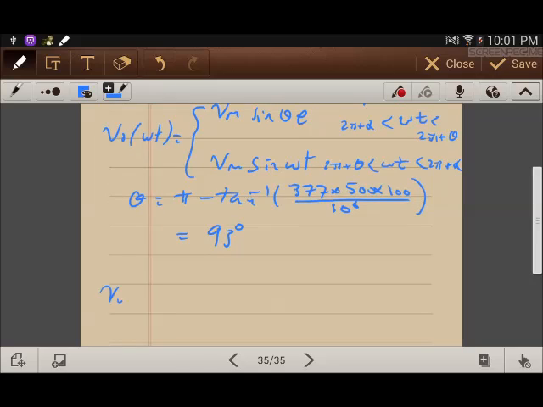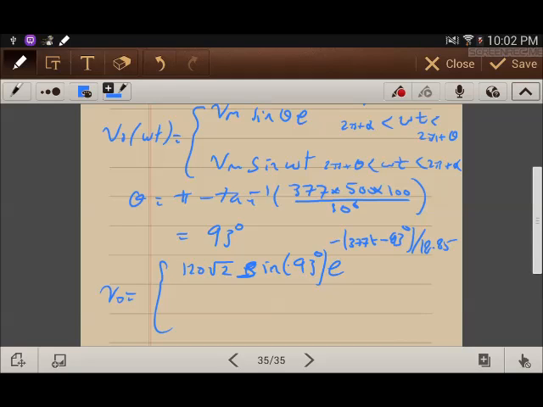So the output voltage will give me 120 root 2 sine 93 degrees e to the power of minus (377t minus theta, which is 93 degrees) divided by 18.85 degrees, and here it's 169.7 sine 377t.